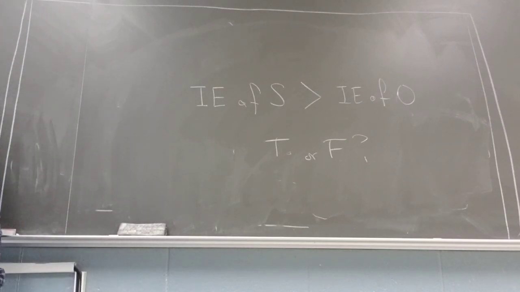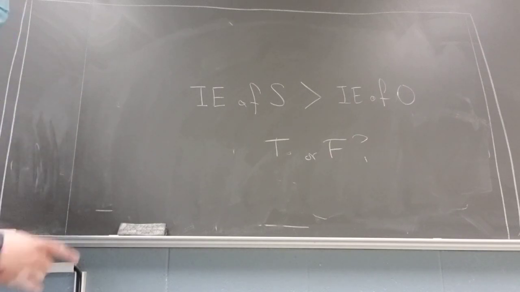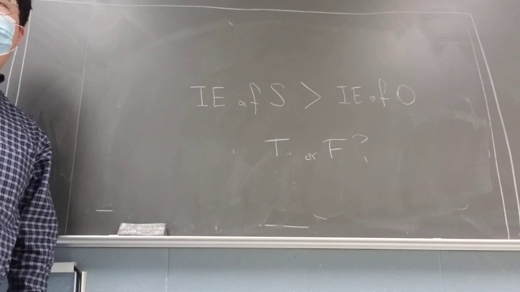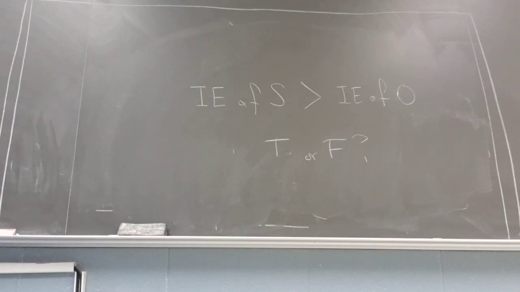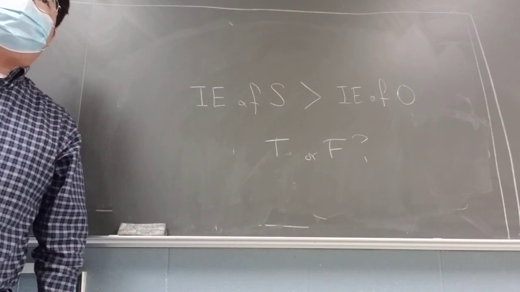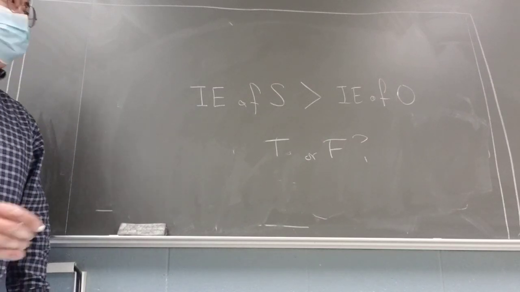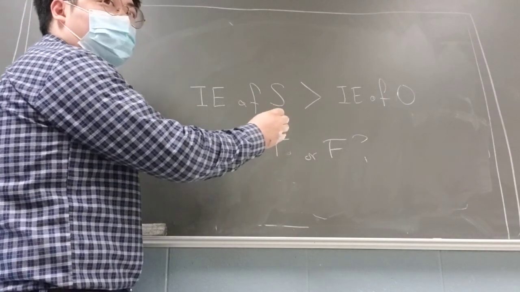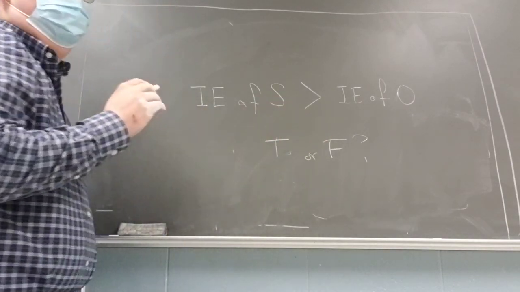Okay? So look at oxygen and sulfur there, and see if that statement will be true or false. Okay, what do you guys think? Will it be true or false? Okay, oh, false. Okay, good, good.